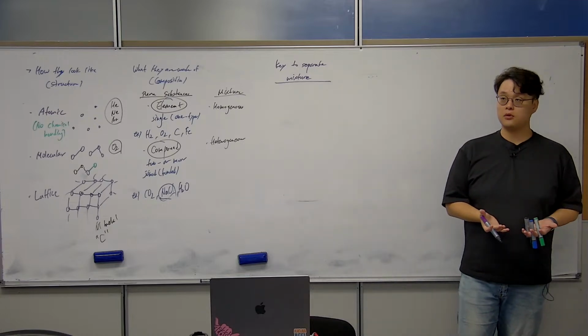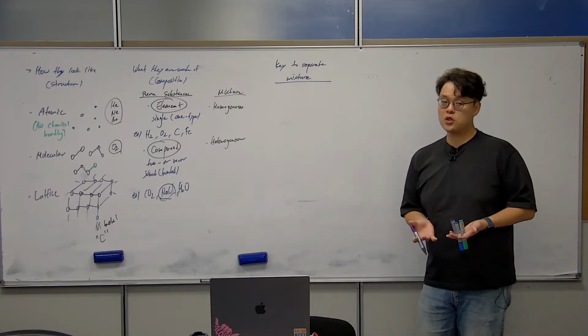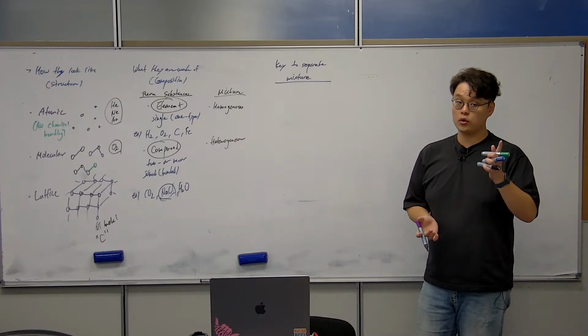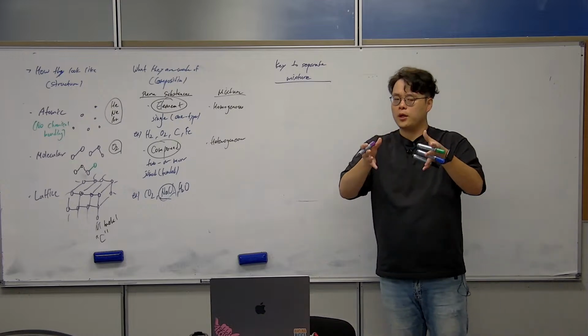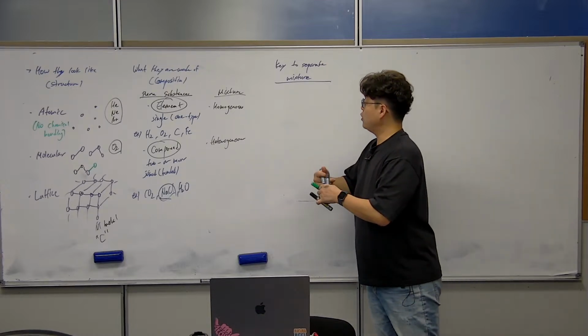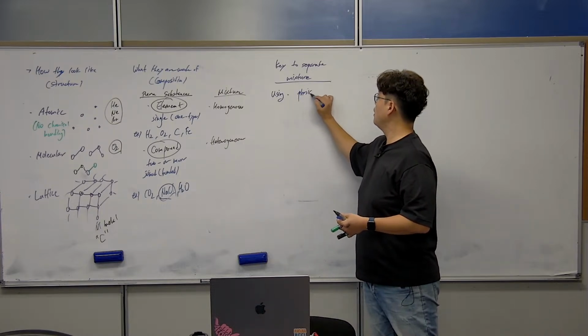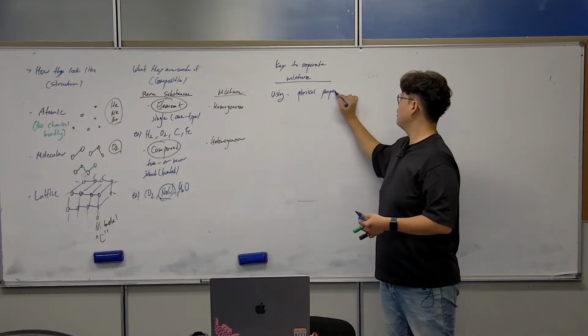So, for example, we have salt water again. What did we use? We used the boiling point. What's the category of the boiling point? That's called using the physical properties.